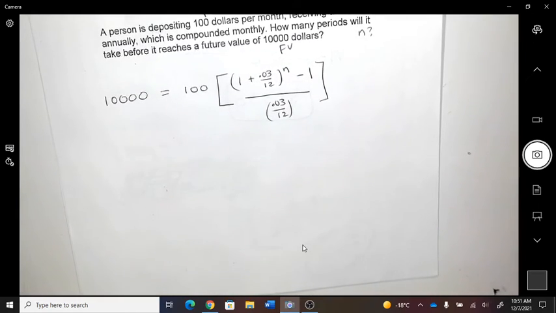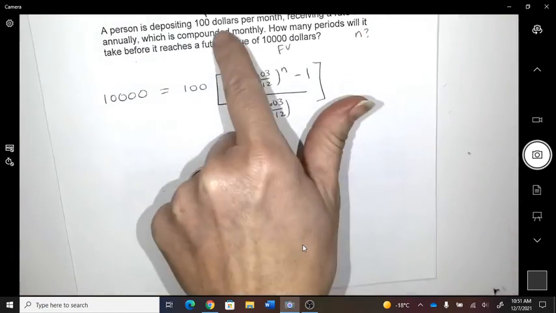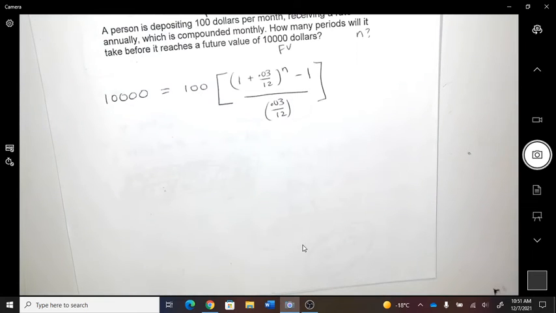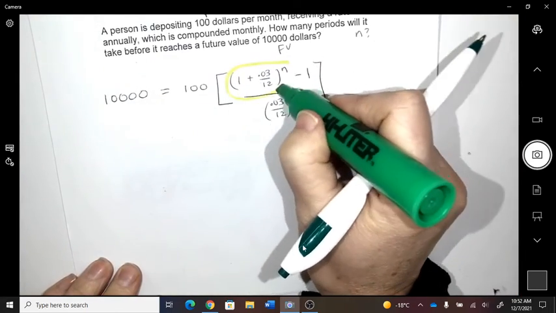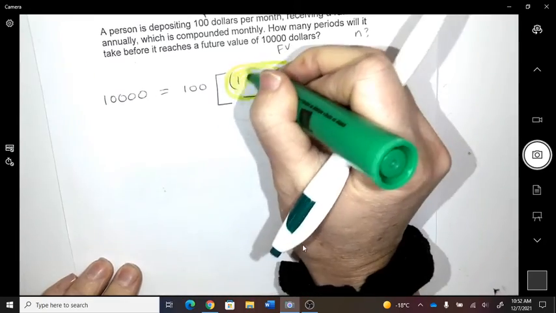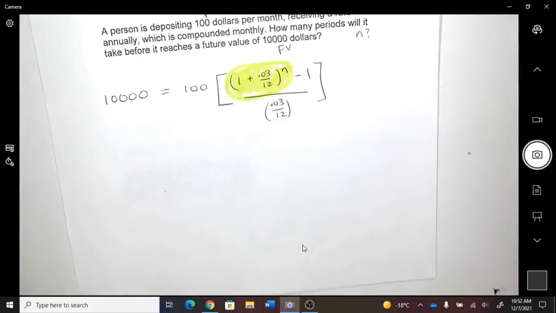Okay, so don't forget, compounded monthly means you're going to have to do a divide by 12 on the rate. Okay, so I'm okay if you do a bunch of algebra at one time. So I'm going to work to get that alone.